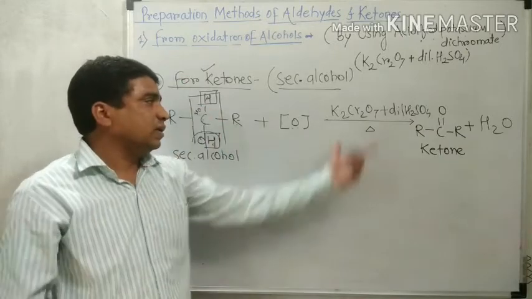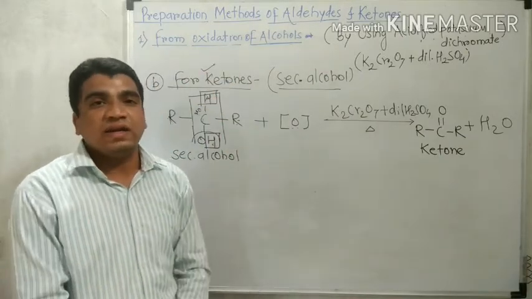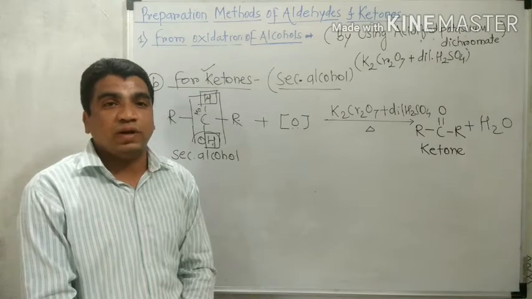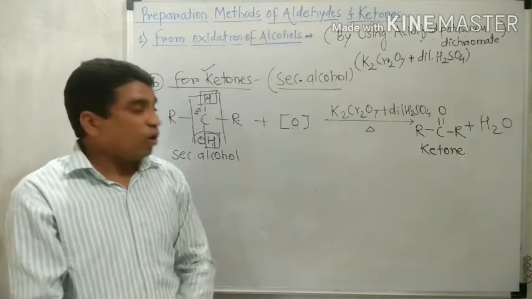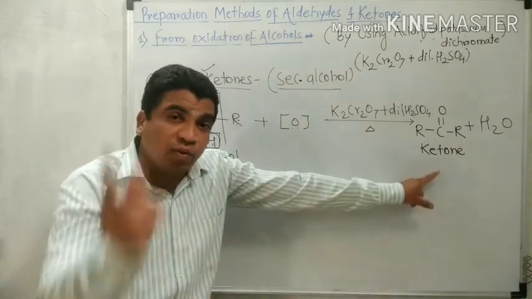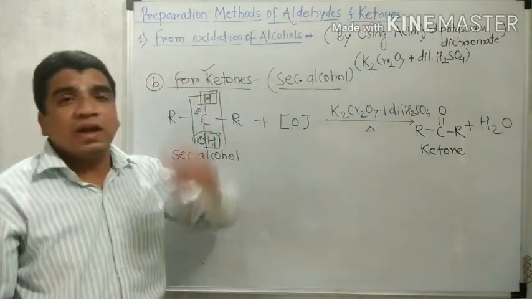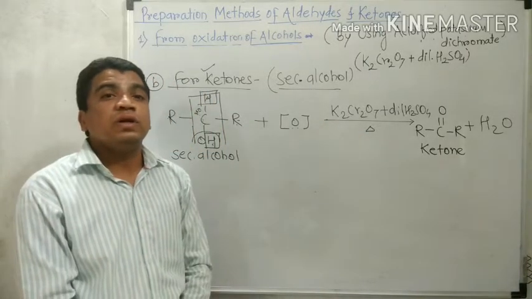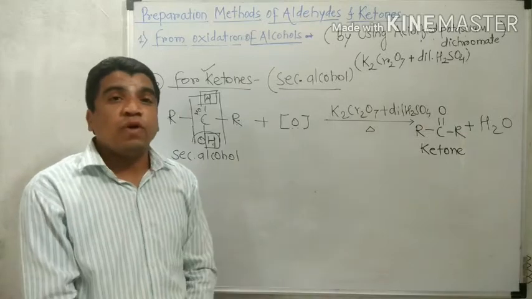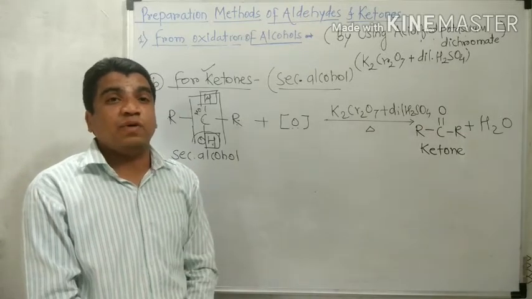Similar to aldehyde, in this reaction also, the ketone can oxidize into carboxylic acid if you take this oxidizing agent, acidified potassium dichromate. To stop the formation of acid after the formation of ketone, similarly here also there is the option of an oxidizing agent, that is pyridinium chlorochromate.